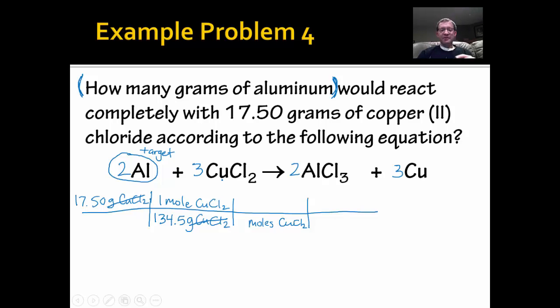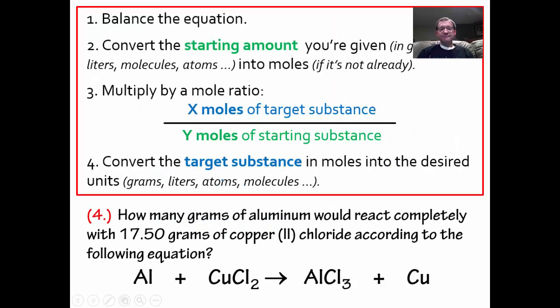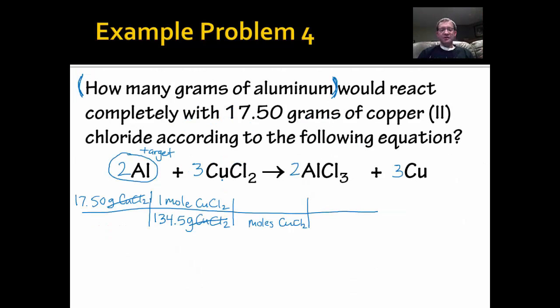If we skip back to our mole ratio, remember it's always the starting substance that you're given going on the bottom in our mole ratio, and the target substance that you're trying to get on the top. So moles of copper chloride on the bottom, and on the top I'm going to do moles of aluminum, since that's what I'm trying to solve for. The numbers that go in front of those, remember, are x and y, or whatever whole numbers your balanced equation gives you for coefficients.